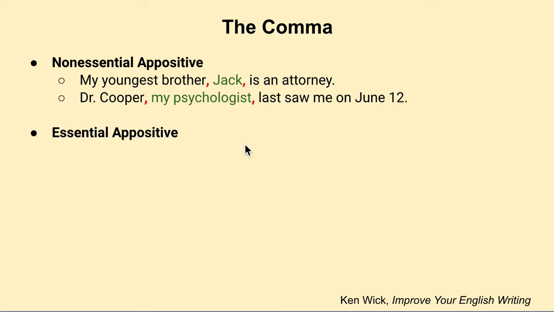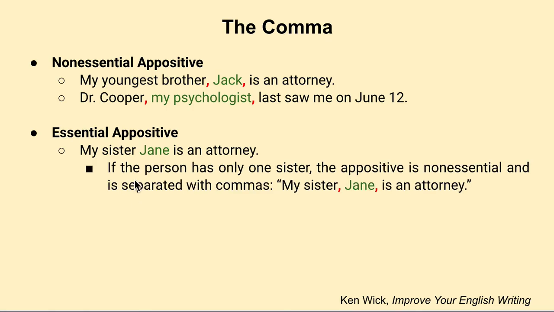Let's look at some essential appositives. My sister Jane is an attorney. And I do have a sub-bullet. If the person only had one sister, the appositive would be non-essential and would be separated with commas.